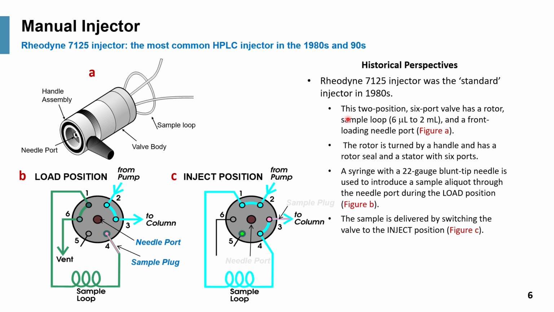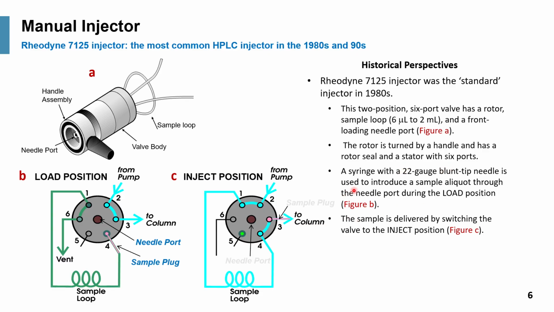So once again, the Rheodyne 7125 valve is the two-position six-port valve. It has a rotor, a sample loop of your choice from 6 microliter to 2 mL, and a front-loading needle port in figure A, which is the needle port here. The rotor is turned by a handle and is connected to a rotor seal and the stator inside with 6 ports also.